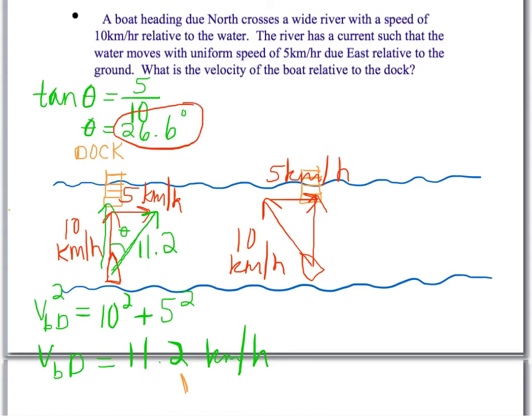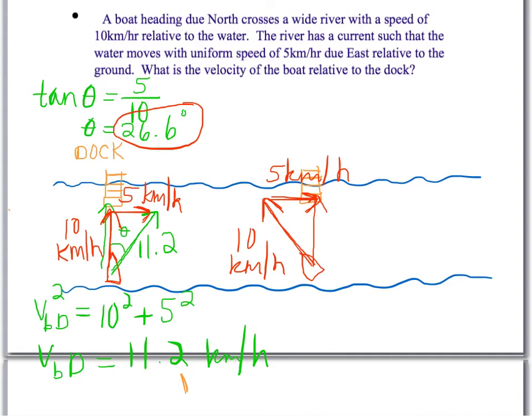But if we look carefully at these triangles, we'd find that they are not, in fact, the exact same triangle. We still have the 5 across this side here, just like we did on the other side. But what you'll notice is that the 10 has now become the hypotenuse rather than one of the legs of the triangle, meaning that this triangle is not the exact same thing.